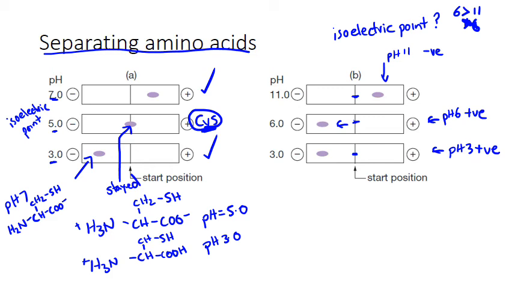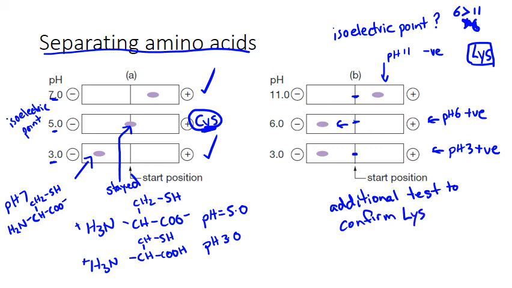So if I go to my table, there is only one, lysine. Okay, so it's not so tricky after all. So what I would do, my additional test, just to confirm lysine, is I would run another gel, and I would run this at a pH of 9.7.